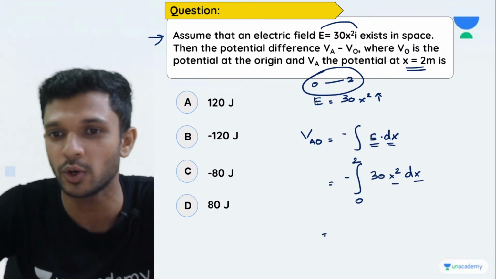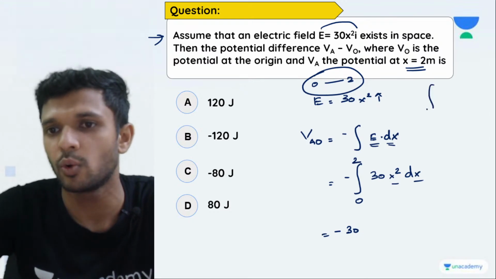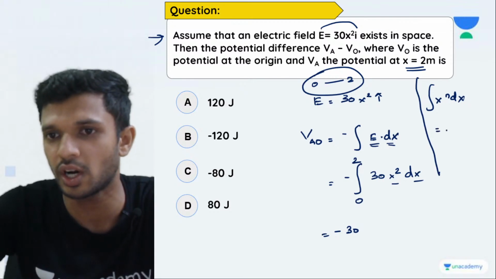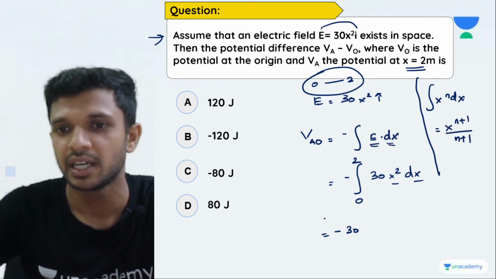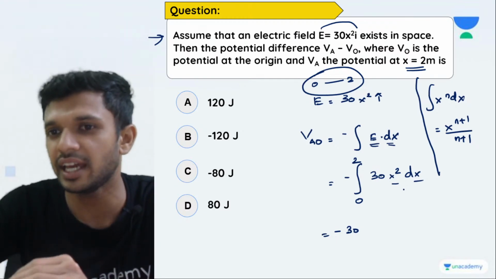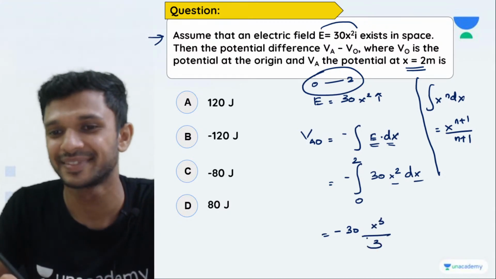That's it, done. Minus 30 is a constant, right? What is the integral of x raised to n dx? Those who forgot integration, x raised to n plus 1 by n plus 1, right? Similarly, if 30 comes out, the integral of x square dx, x raised to 2 plus 1, that is x cube by 3, right?